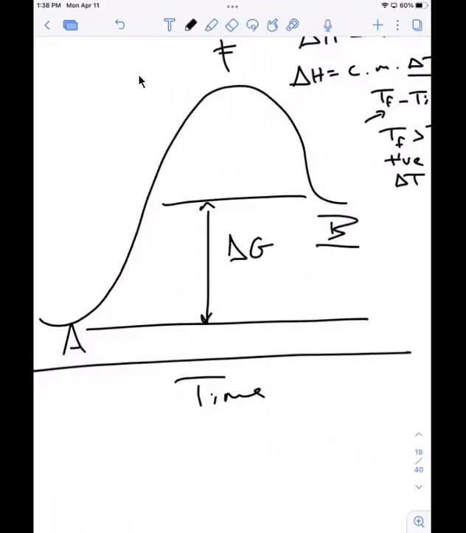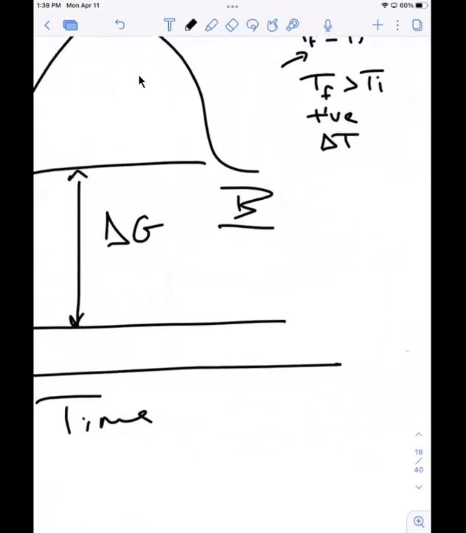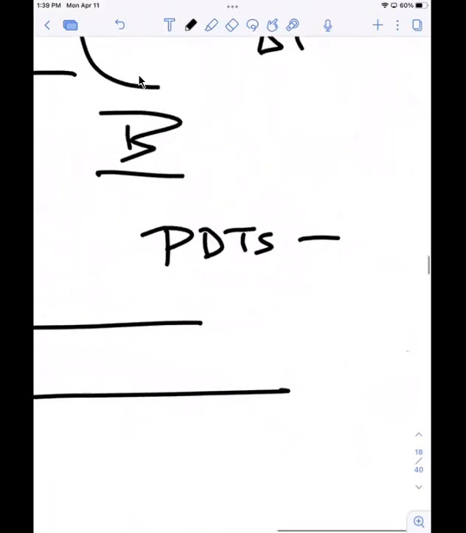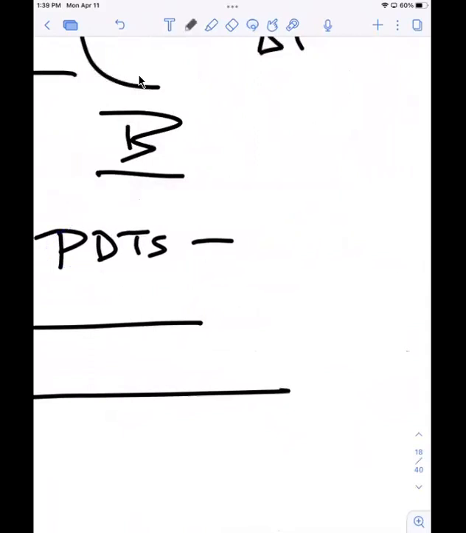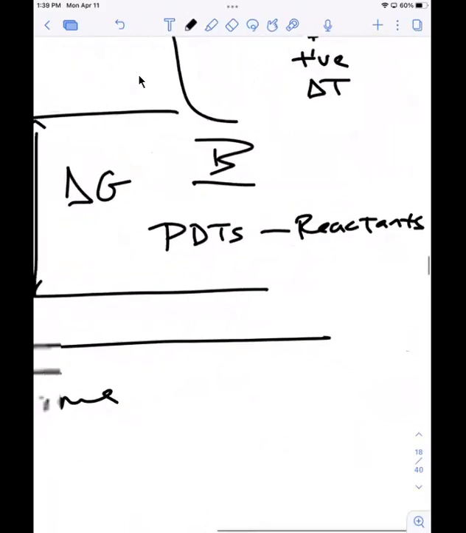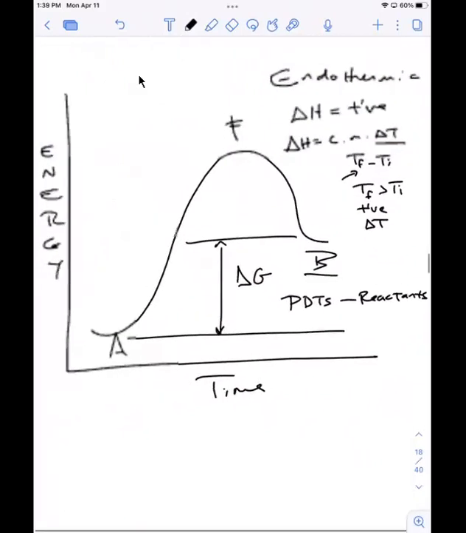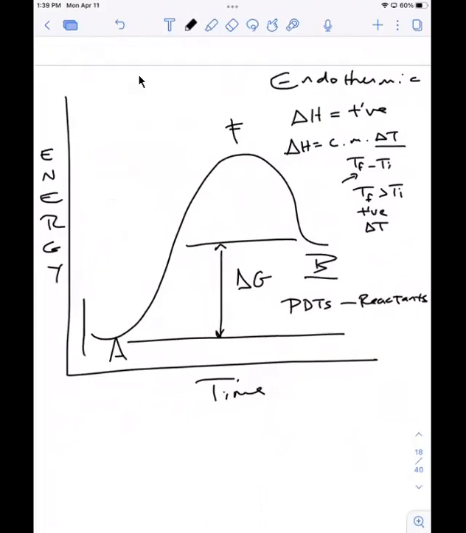So that delta G is going to be products minus reactants again. Right, and since the energy of B is greater than the energy of A, we can see that over here, because energy is increasing in this direction.